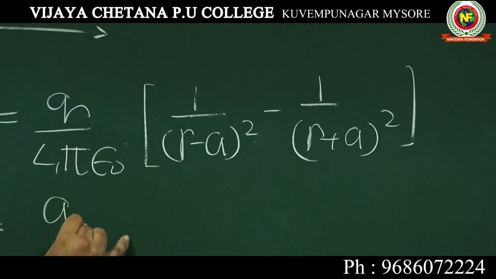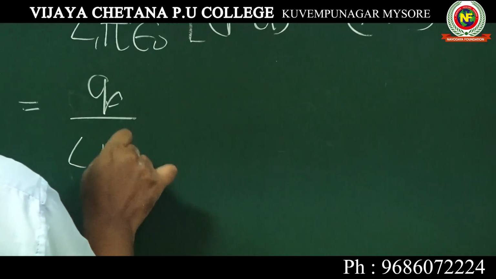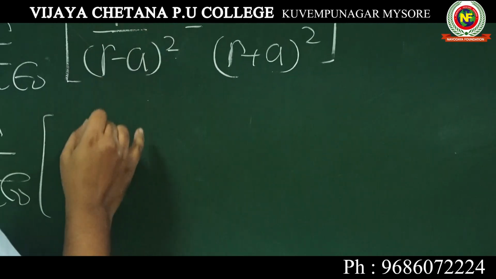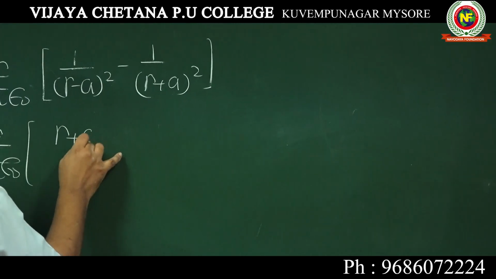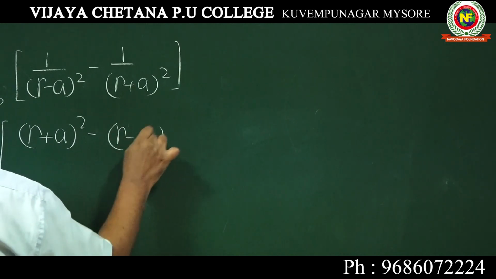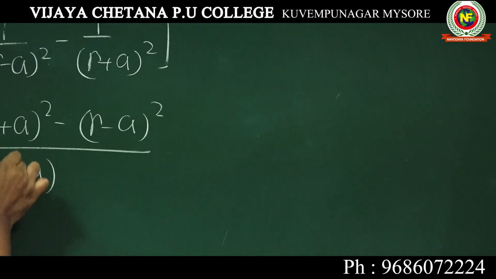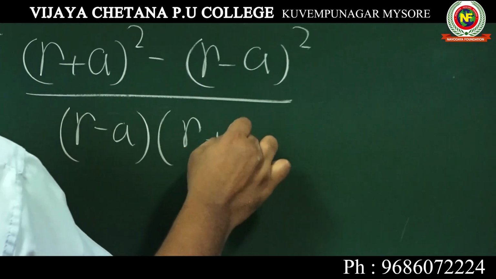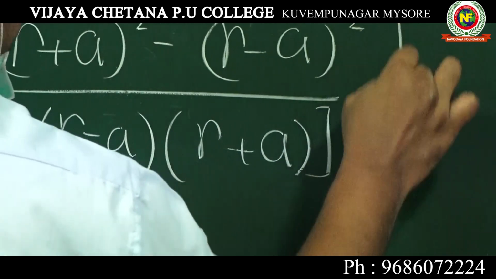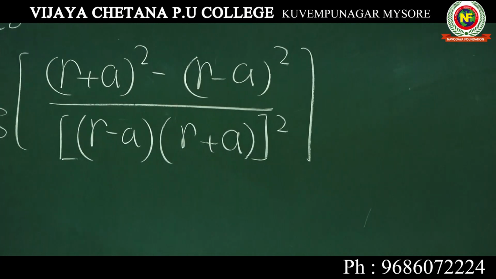So we get Q by 4 pi epsilon naught multiplied by, let me take the LCM here, R plus A whole square minus R minus A whole square, whole divided by R minus A into R plus A. Since both have squares, I write the common square. Okay, so this is in the next step.